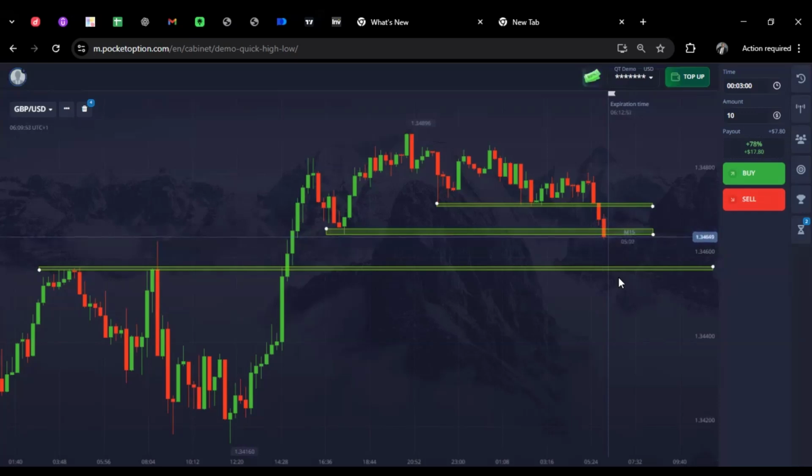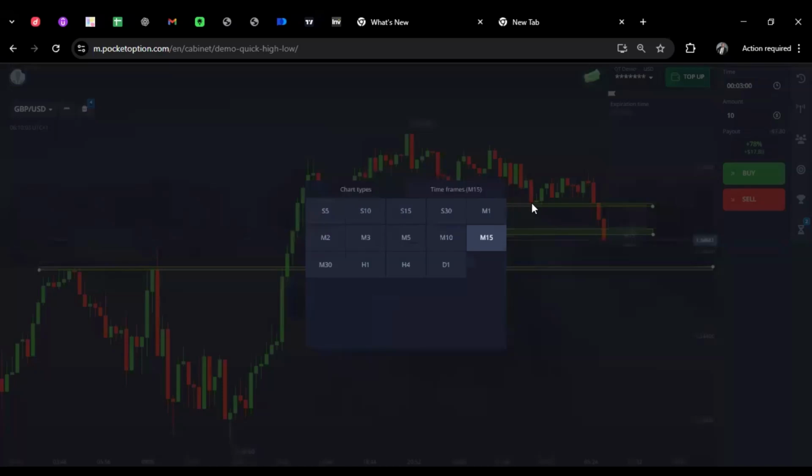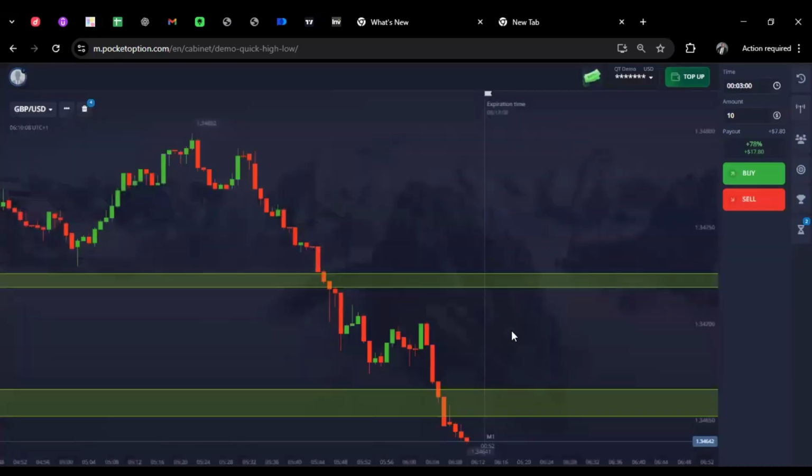There are two ways you can jump on the trend. The best way is to go down to a lower time frame to see if you can get an opportunity to jump in. Let's say the 1 minute time frame.